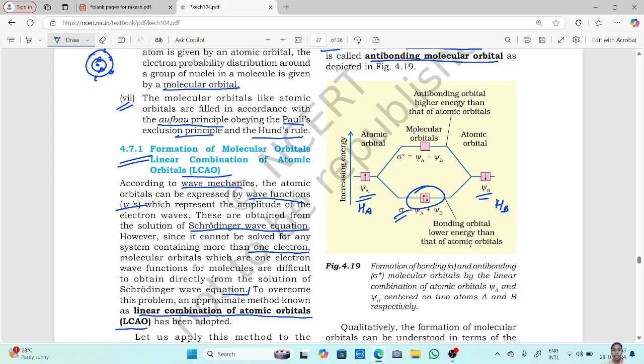So you added both the electrons and formed your bonding orbital. Now, for the anti-bonding molecular orbital, you have to subtract. 1 minus 1 is 0, so no electrons are present here. So this is your anti-bonding molecular orbital. Now, these are your atomic orbitals and these are your molecular orbitals.